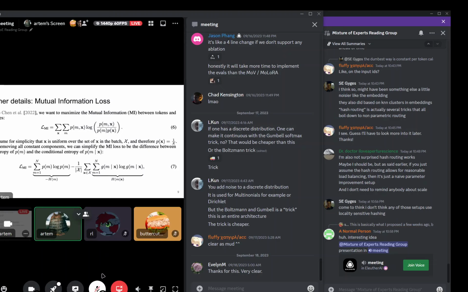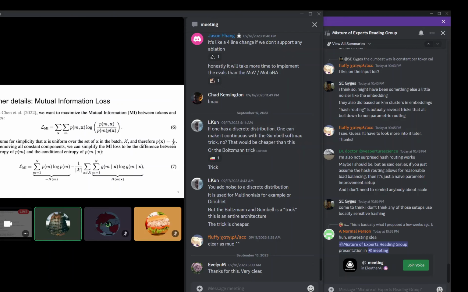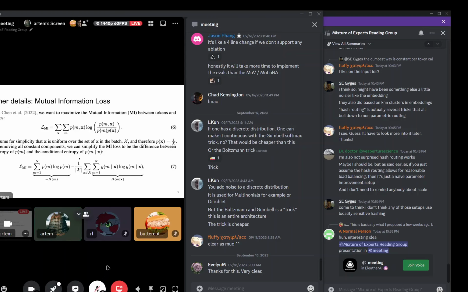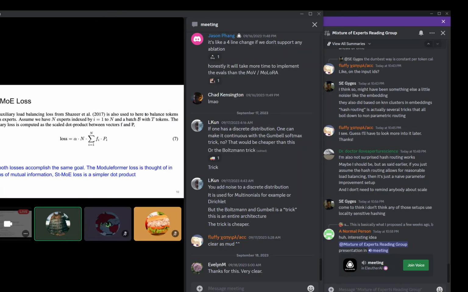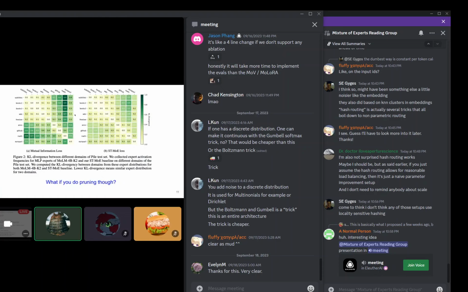So you want, given some input X, for it to be able to very easily figure out what the right module is. At the same time, you want all the modules to be kind of smaller. That's how I would think about it. I guess this accomplishes the same thing as this loss. They have a little diagram here of the KL divergence between different domains of the Pile test set.